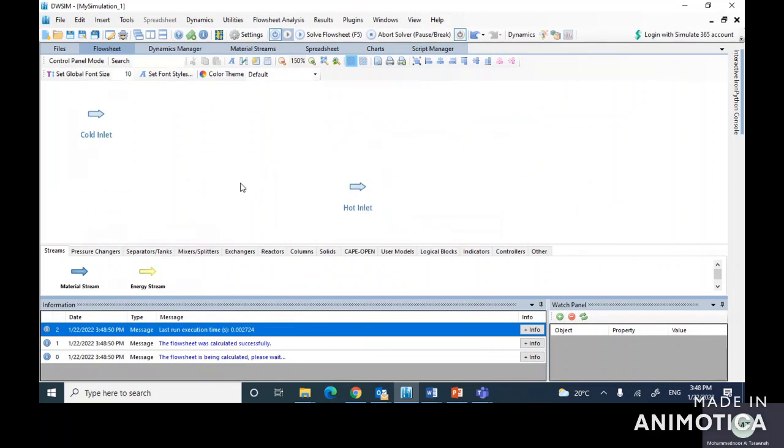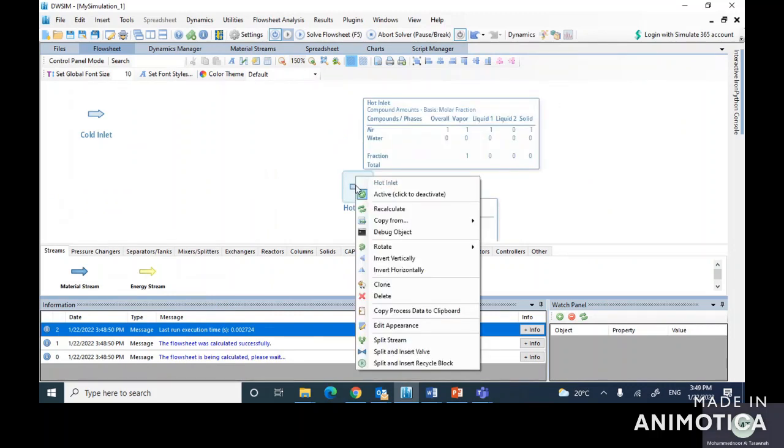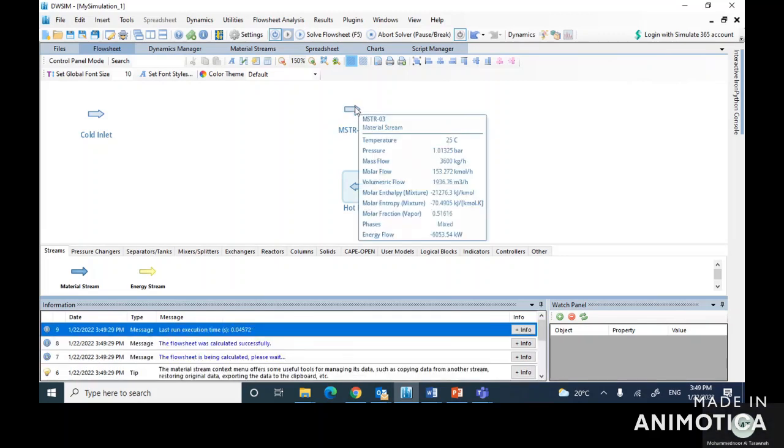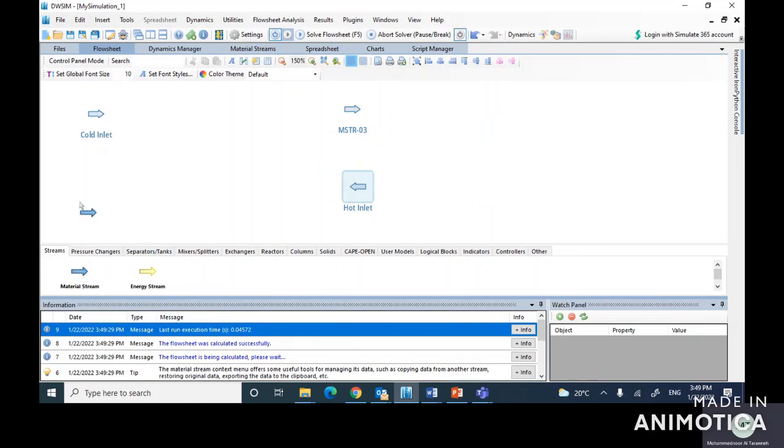Okay. Well, this is a countercurrent heat exchanger, so let's rotate the direction of this stream so it looks nicer. Click on it, then go to rotate, then choose -80. So what do we need next? We need to add 2 streams for the exit of the cold fluid and the exit of the hot fluid. So we need to choose another one.